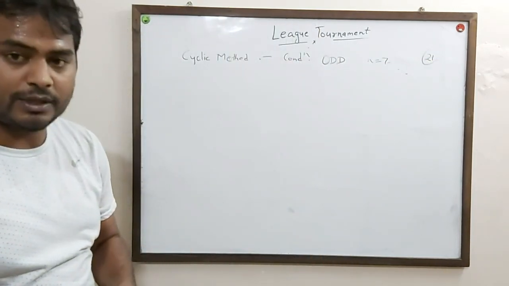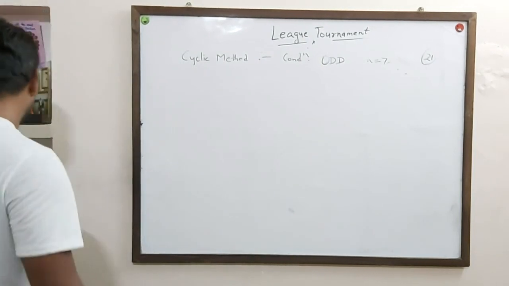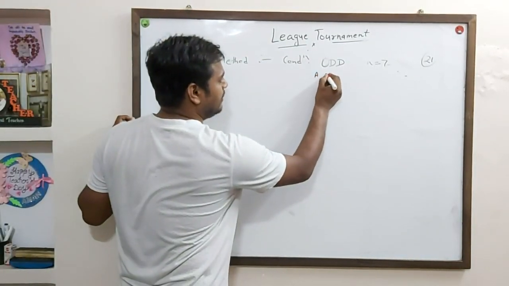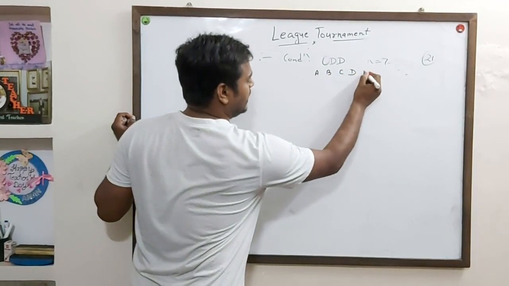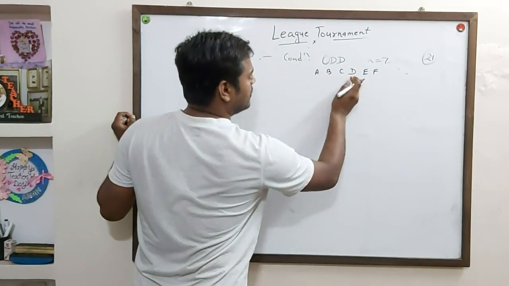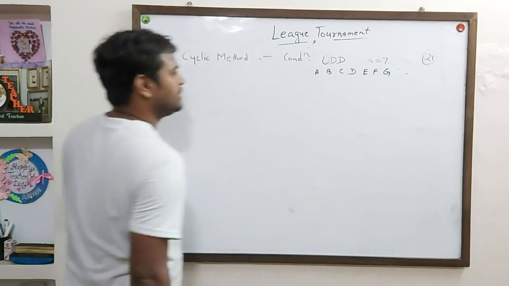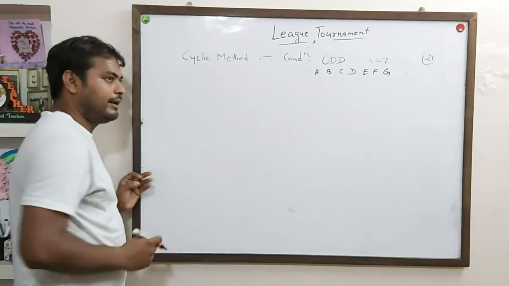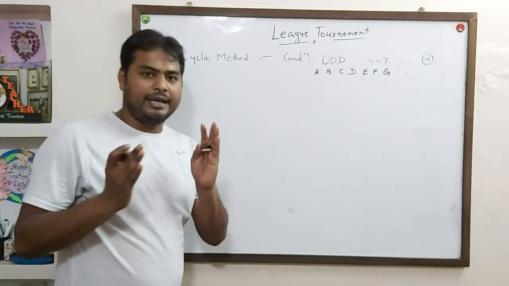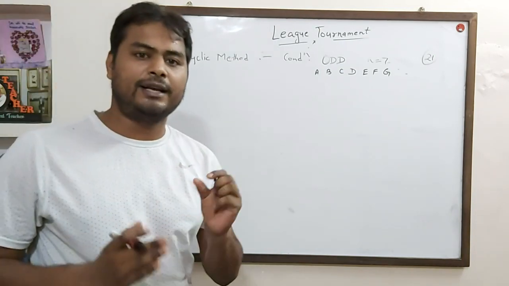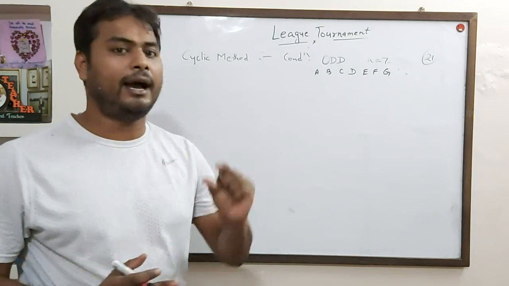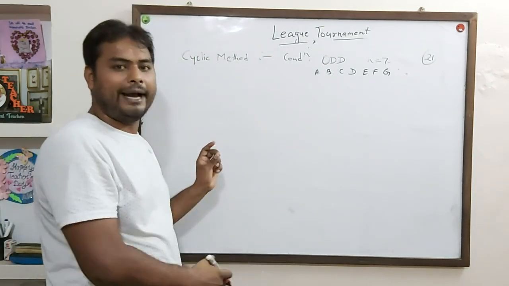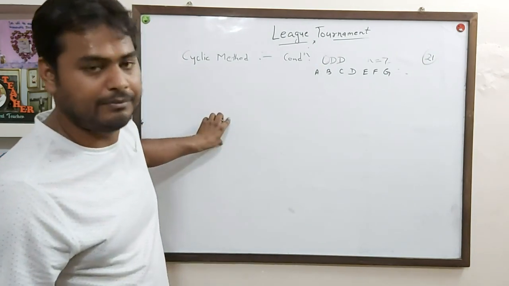So now I am going to draw the picture. Suppose we have teams A, B, C, D, E, F, G. In even teams, I told you we fix one team's position, and the rest of the teams rotate around the fixed team.